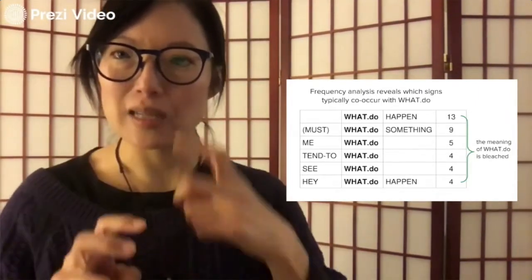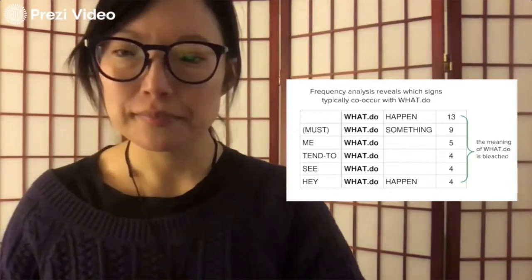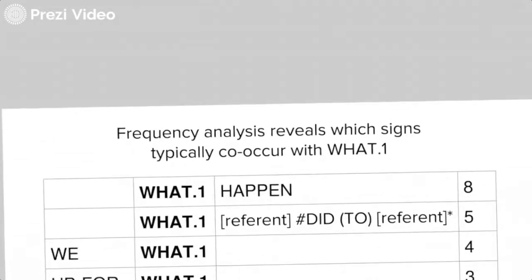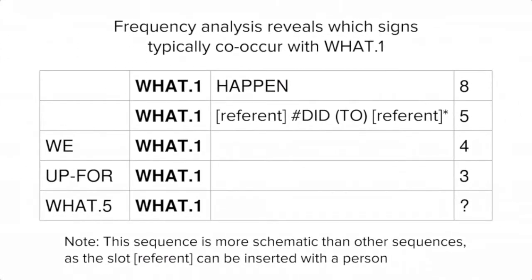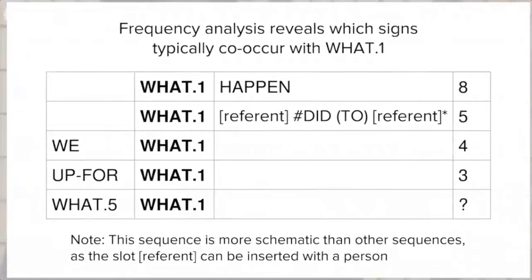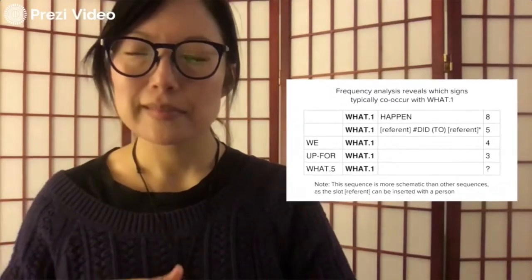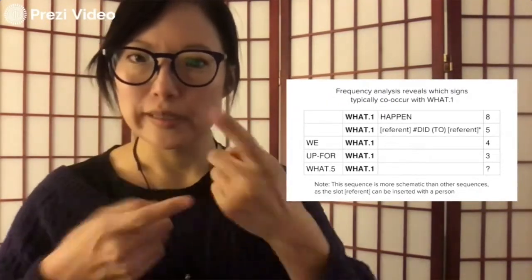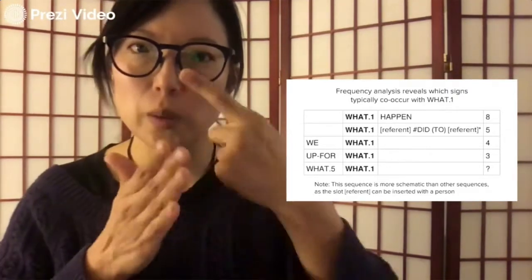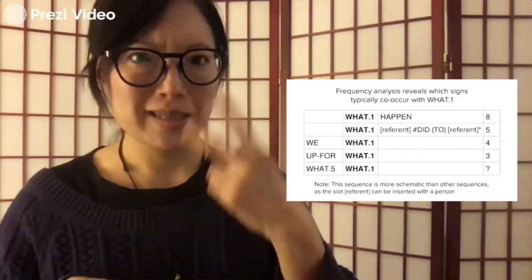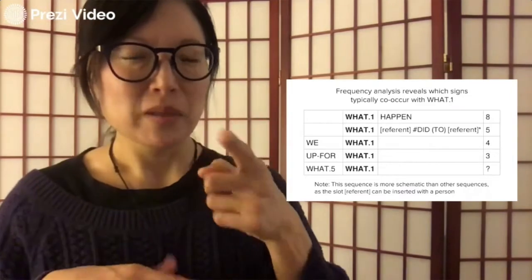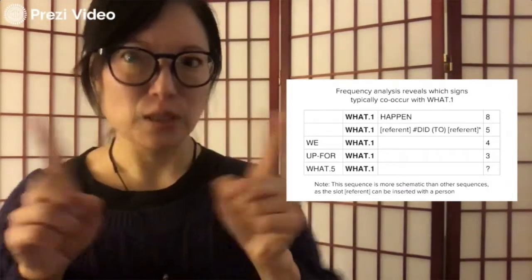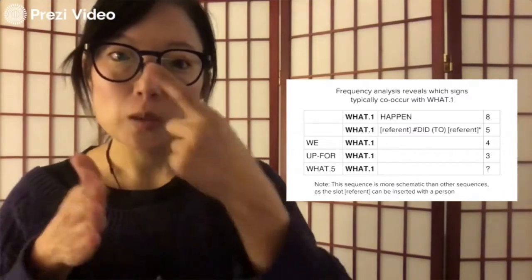Now we'll look at frequency analysis of what one. Again, this table shows the frequency analysis of which signs tend to occur with what one. We see the what one happen occurs with what do happen, but other sequences are a little different.